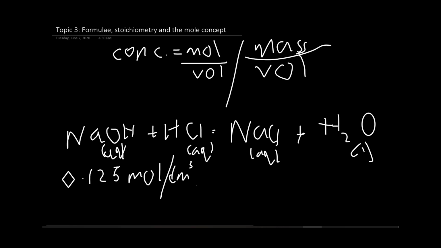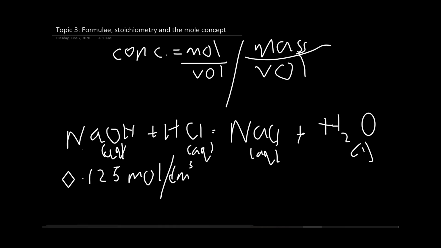right? So let me go through the question once again. What mass of sodium hydroxide will be required to neutralize 0.125 mole per dm cube of hydrochloric acid? The question is incomplete, right? Because there's another part to it.